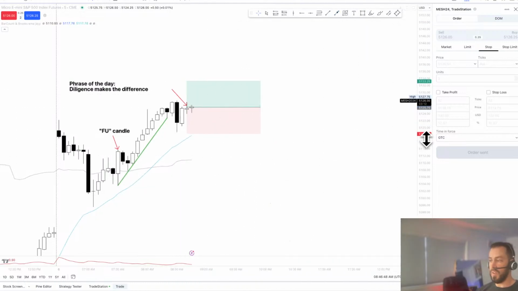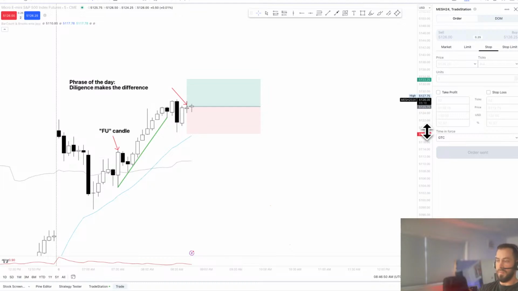This is not strong follow through. I understand, man. Like I said, I think it makes sense. I'm not opposed to it, but I like to keep it simple.